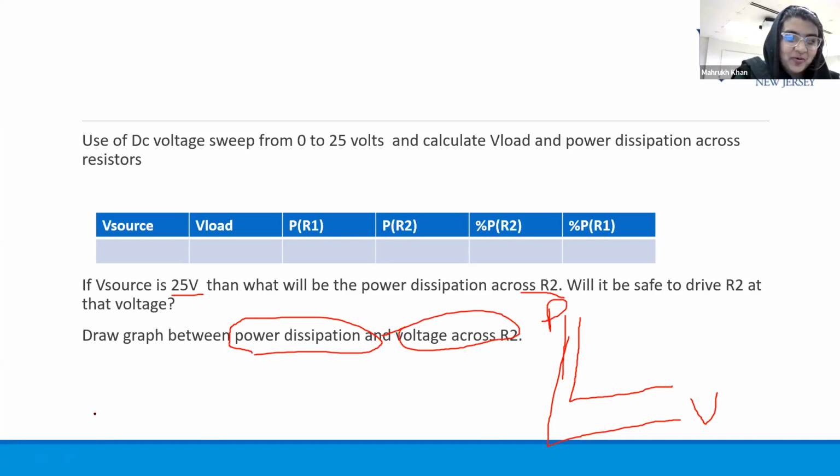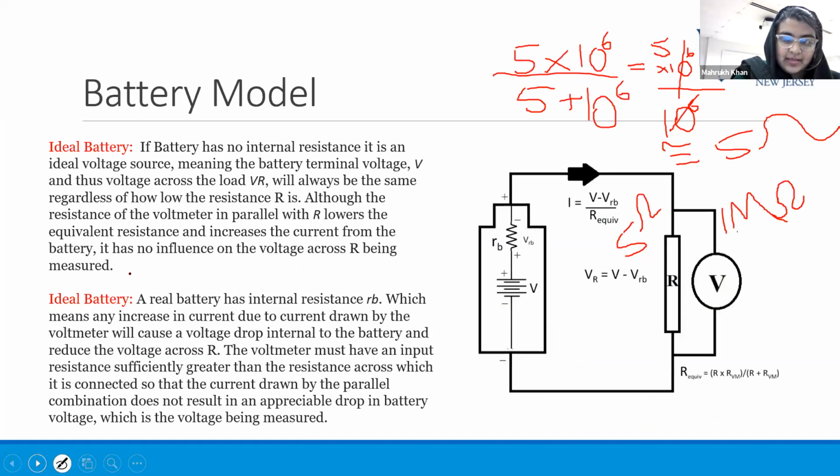Okay. So now it's a very practical scenario that we are talking about. I think I annotated it before. It's the battery model. So what is the battery model? Normally, the voltage source that we use is the ideal voltage source because we don't think that it has any internal resistance.